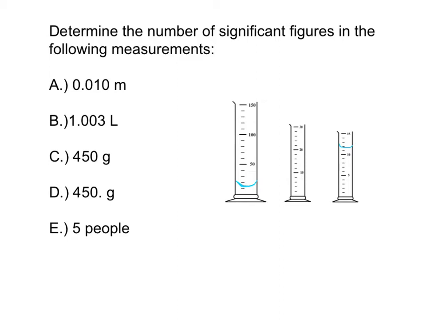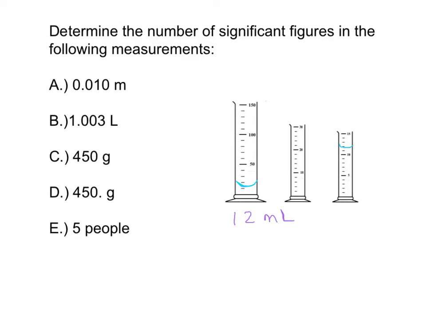So when we're making this measurement, we would say, okay, we definitely have somewhere between 10 and 20 milliliters, and then we have to guess on the second digit. So we could say we have maybe 12 milliliters.